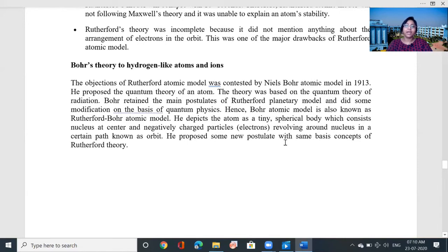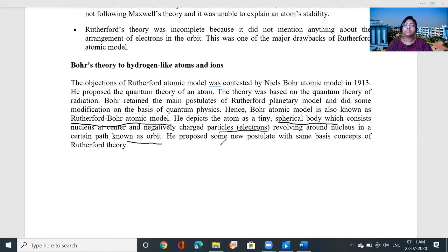Hence, the Bohr atomic model is also known as the Rutherford-Bohr atomic model. He depicts the atom as a tiny spherical body which consists of a nucleus at the center and negatively charged particles, electrons, revolving around the nucleus in a certain path known as an orbit.